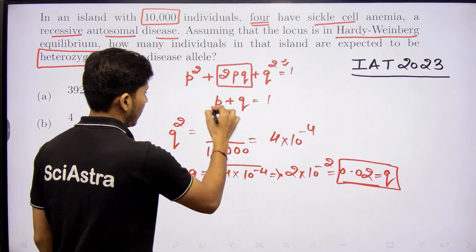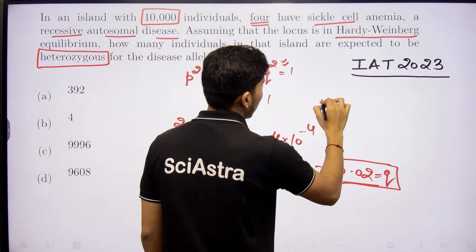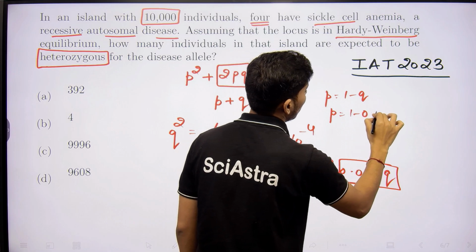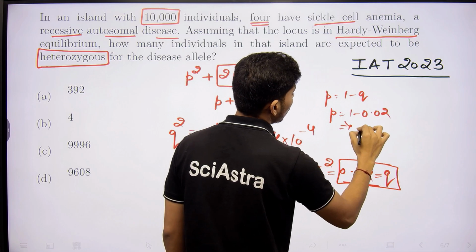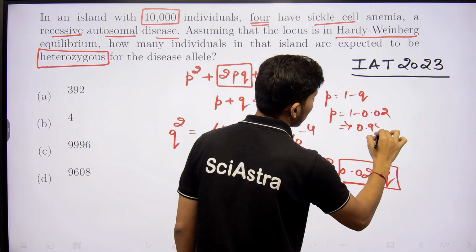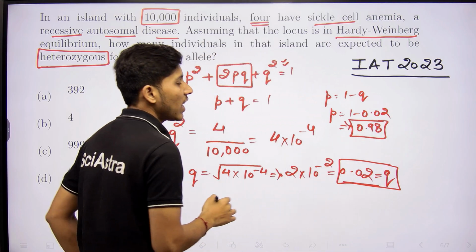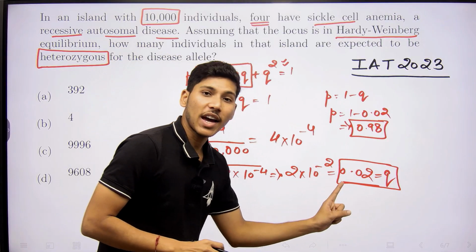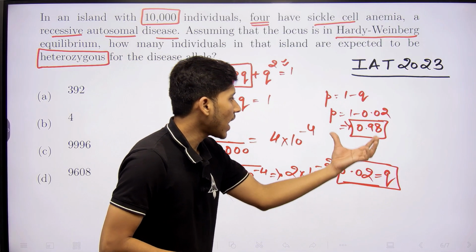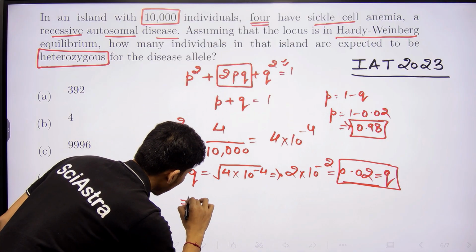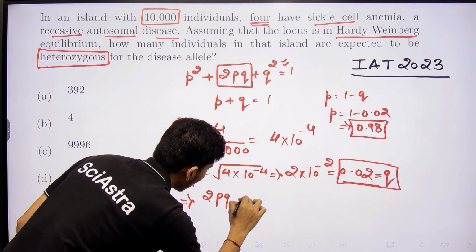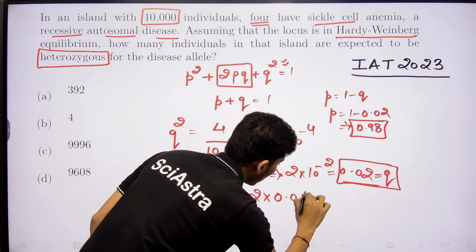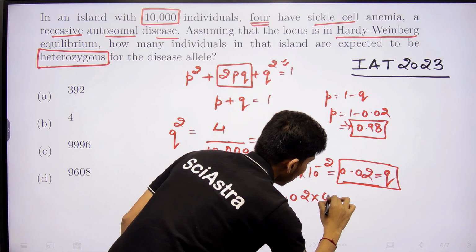Now, since you have got the value of q, you can of course calculate the value of p, because p plus q is equal to 1. So p is equal to 1 minus q, which is 1 minus 0.02, and it comes out to be 0.98. Now we have both p as well as q, so we can get the value of 2pq, which will come out to be 2 into 0.02 into 0.98.